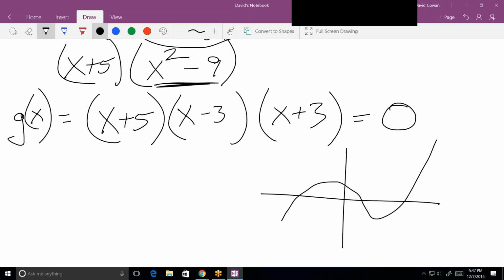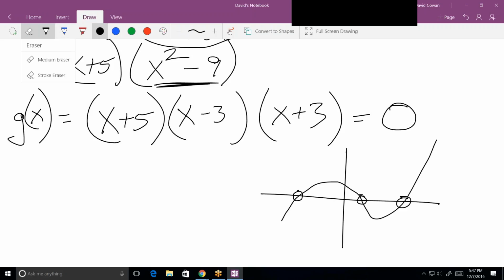The reason I set it equal to 0 is I'm trying to find that point, and that point, and at all three of those points, my g of x is equal to 0. So that's why you set these things equal to 0 when you're trying to solve for the x-intercepts, or what they call the zeros. You know, the x-intercepts are called zeros of a function. So when they said solve it, that's what they meant. They couldn't have meant anything else, I don't think.